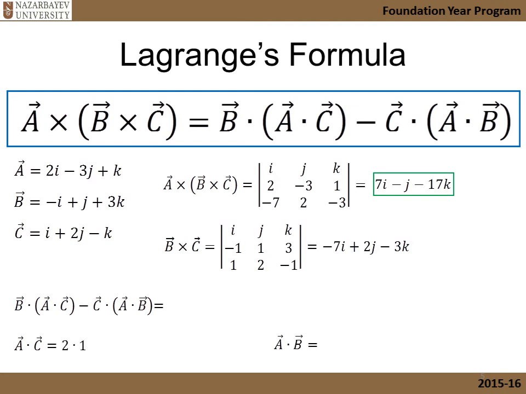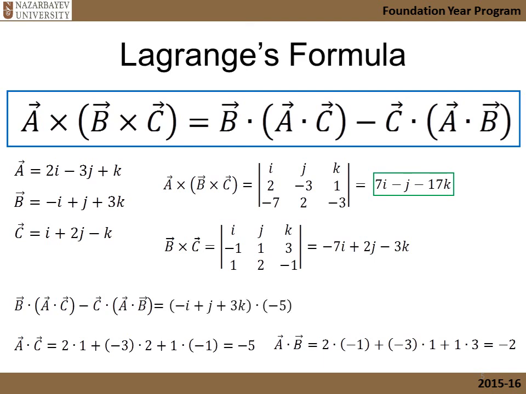The dot product of a and c is the sum of the multiplication of corresponding coefficients at i and j and k, which are 2 times 1 plus minus 3 times 2 plus 1 times minus 1, and finally we obtain minus 5. The same procedure for the dot product of a and b, and we obtain minus 2.